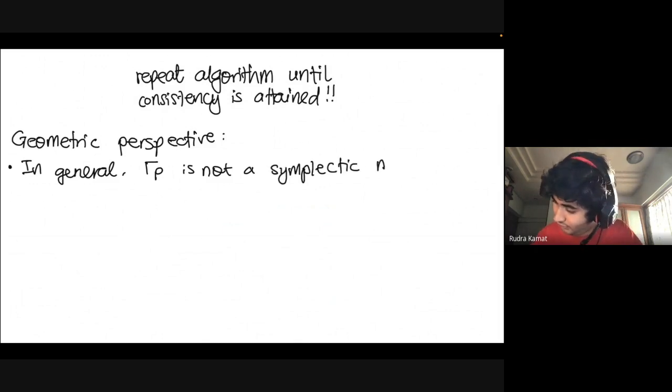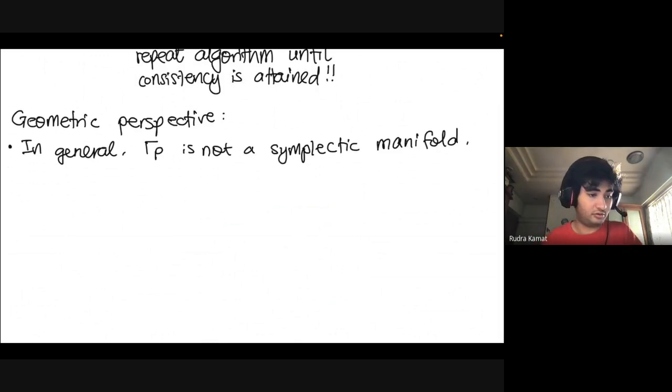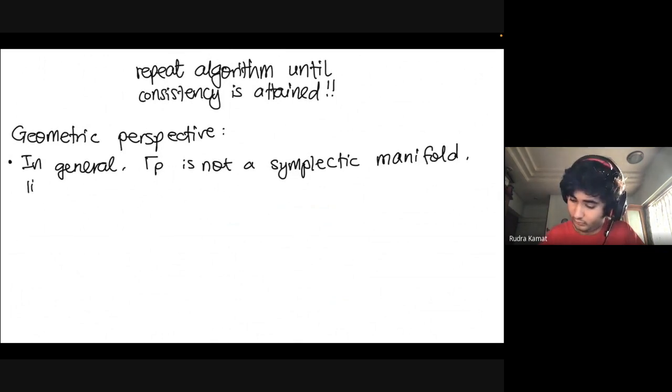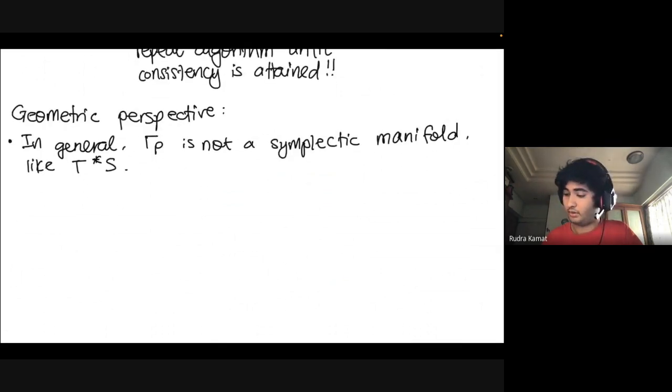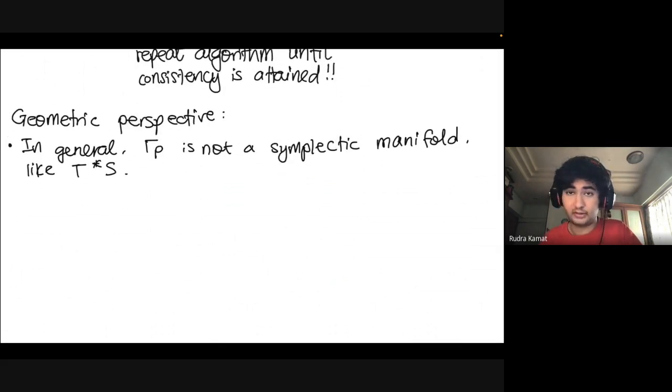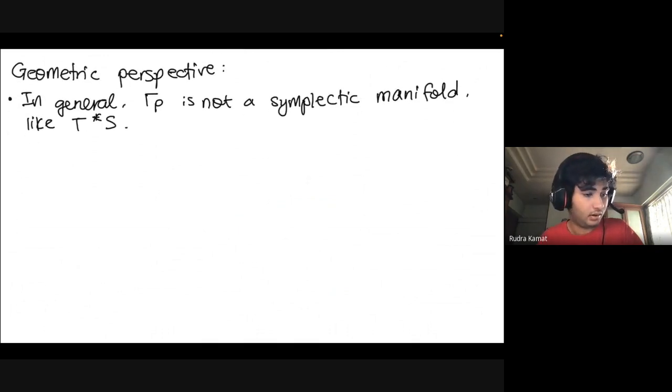Symplectic manifolds are manifolds equipped with a symplectic form, like T star N or T star S. If it's not a symplectic manifold, it means that omega, the ambient space symplectic form, when restricted to gamma sub p, is not a symplectic form.